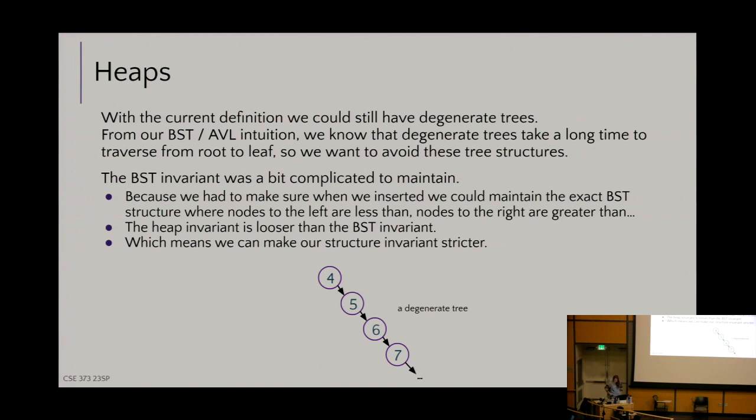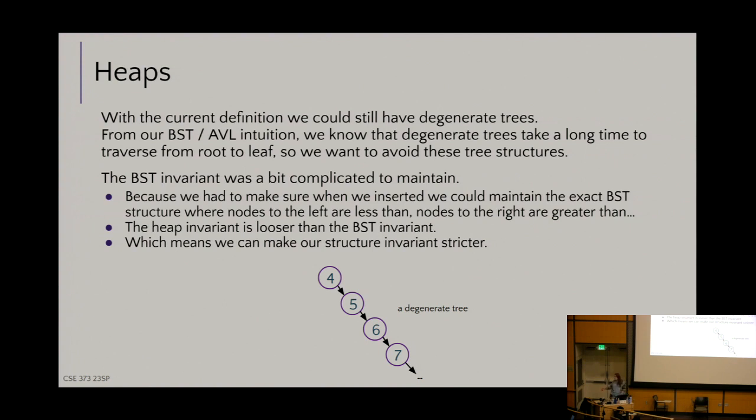With that singular invariant, remember when we had that singular invariant for binary search trees? It did nothing to prevent the degenerate tree, and the degenerate tree is that dangerous linear runtime. So it would not help us guarantee good runtime unless we added some type of structural invariant. The structural invariants were ones that we had to get really specific about.